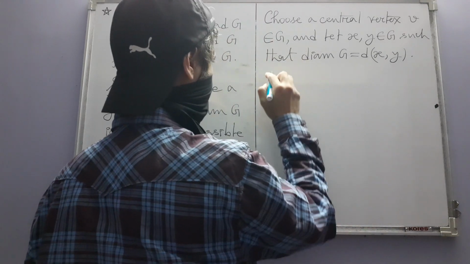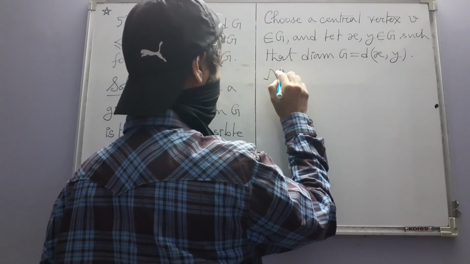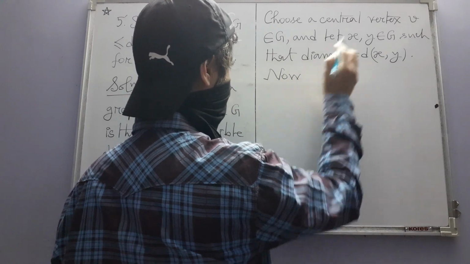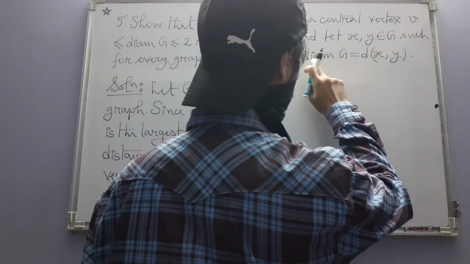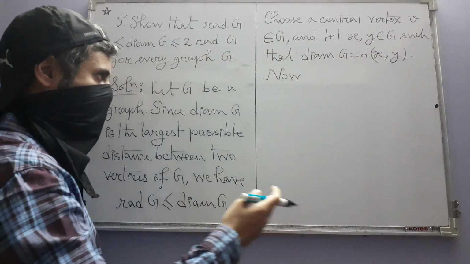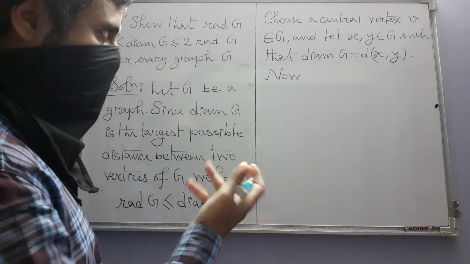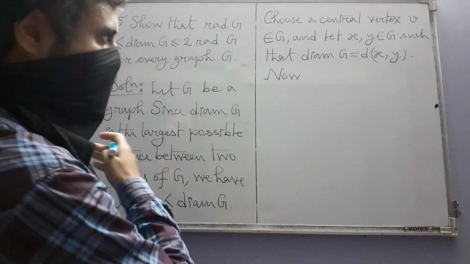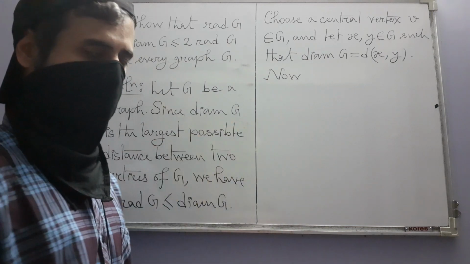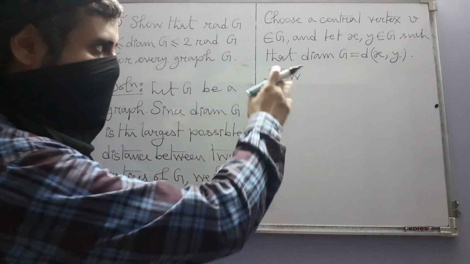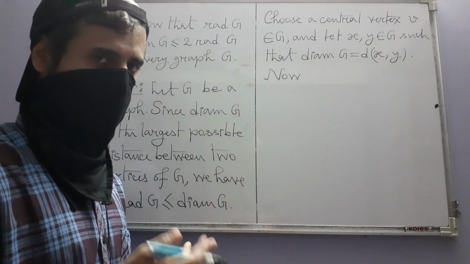Alright, now, well, of course a central vertex will exist, and the diameter of G will after all be the distance between some two vertices which are the farthest apart in the graph. There may be multiple such pairs of vertices, so we can choose any such pair.